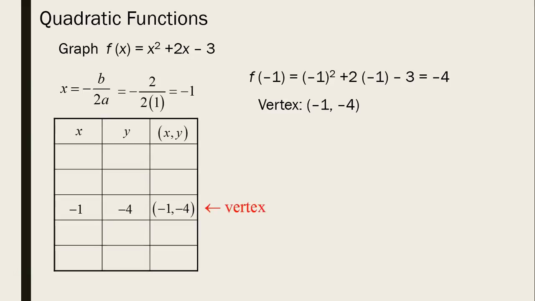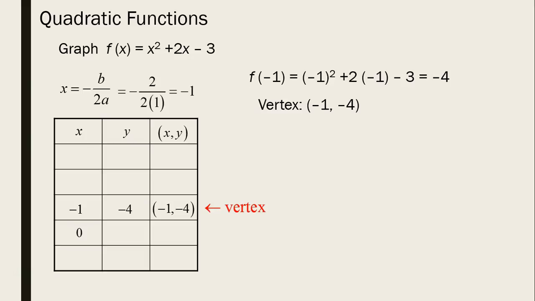Now to find more points on the graph, we can remember that the vertex is going to be the lowest point on this graph. We know it's lowest because the value of a in this equation is 1. That's from 1x squared, which means the parabola opens up. So the vertex is going to be the low point on our graph. We also know that if we find points on either side of that vertex, we'll see some symmetry.